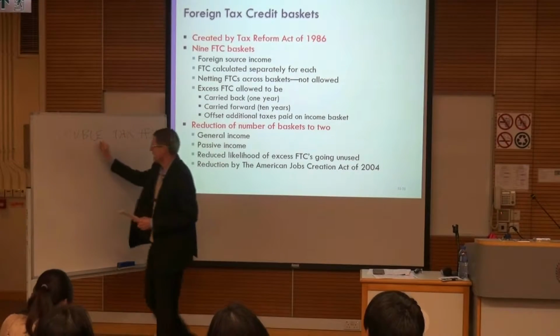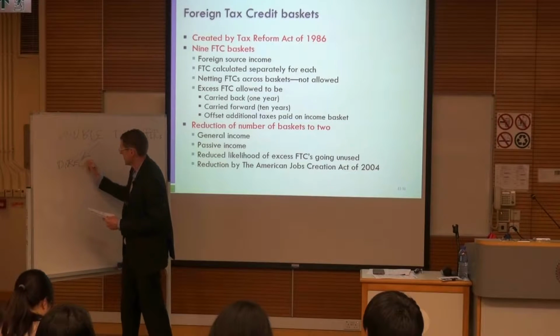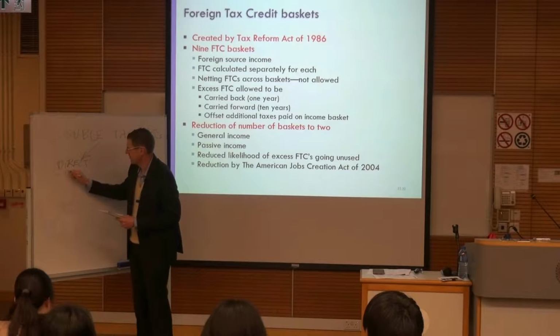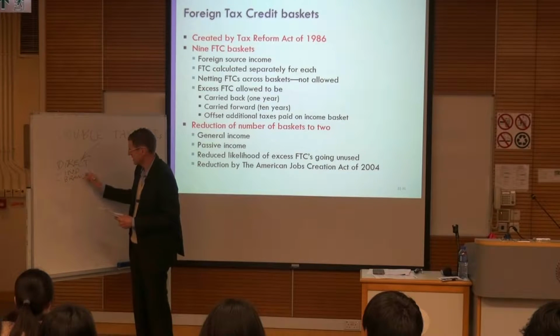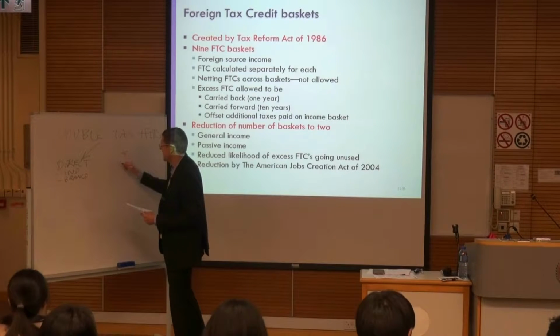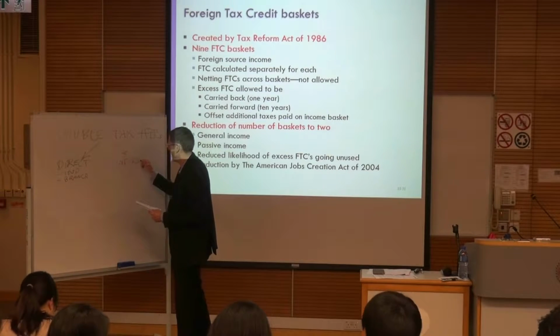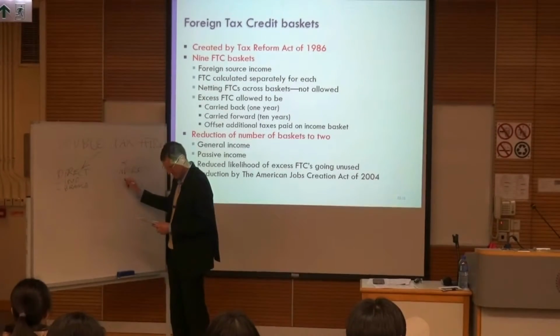Okay, so what's our first part? We've got direct, which is like an individual or branch office. Straightforward. And then we've got indirect. What's indirect? Well, this is a subsidiary.